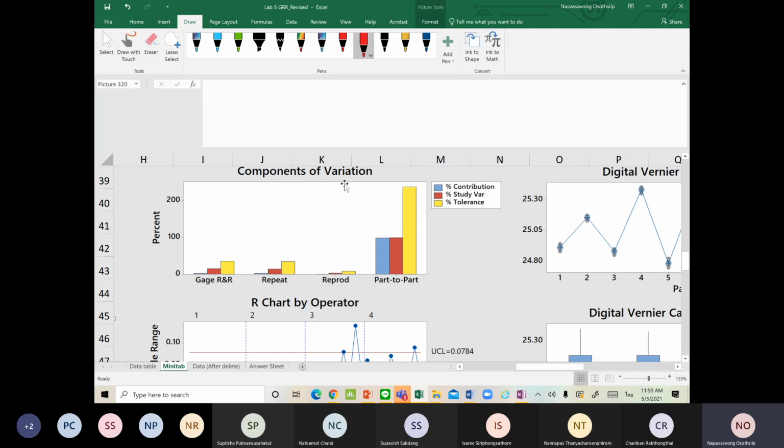In this picture, 100% of the variance is explained by the parts for about this much, 99 point something, but you cannot read it from this scale.